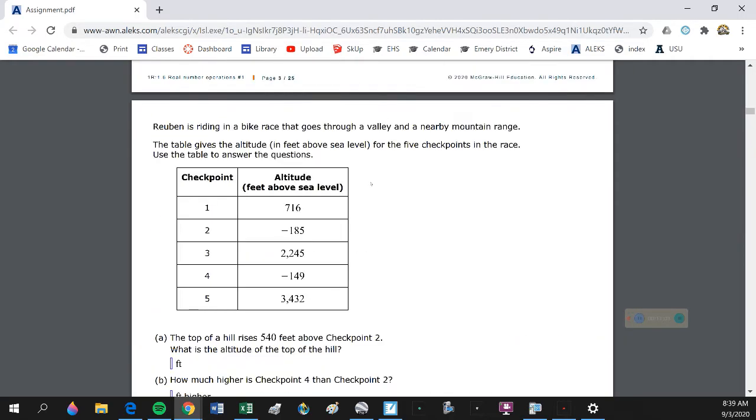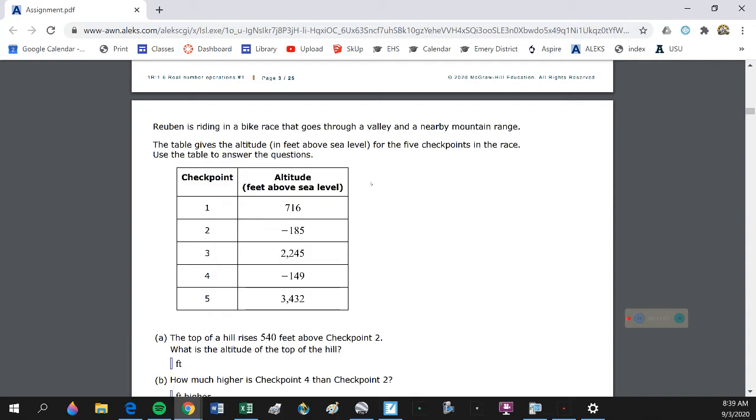Okay, so look at this one. Reuben is riding in a bike race that goes through a valley and a nearby mountain range. The table gives the altitude in feet above sea level for the 5 checkpoints in the race. The top of the hill rises 540 feet above checkpoint 2. What is the altitude of the top of the hill?